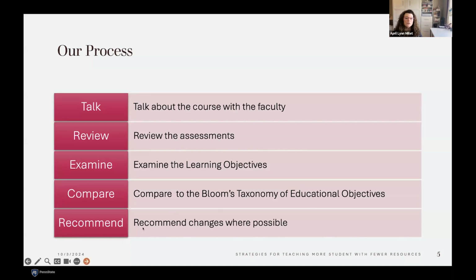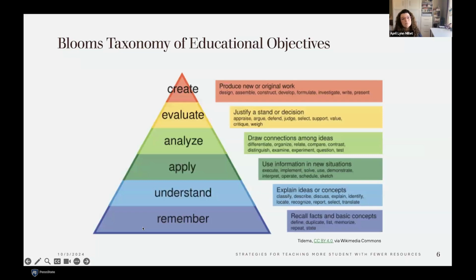A lot of you have probably seen this or some format of this. I thought this one was a nice one to pull in. It's a Creative Commons one from Wikimedia, and it shows Bloom's taxonomy of educational objectives.